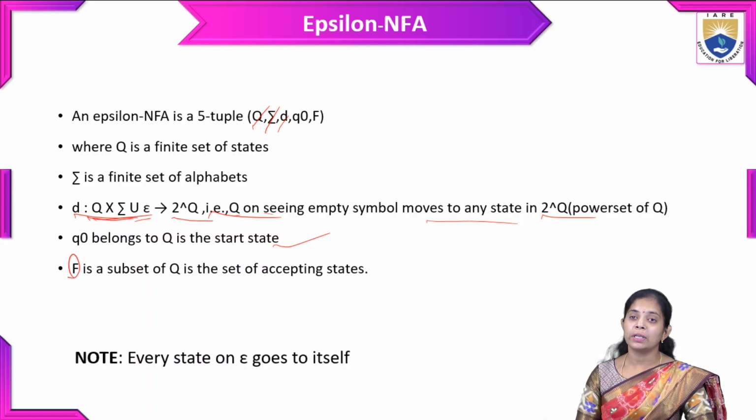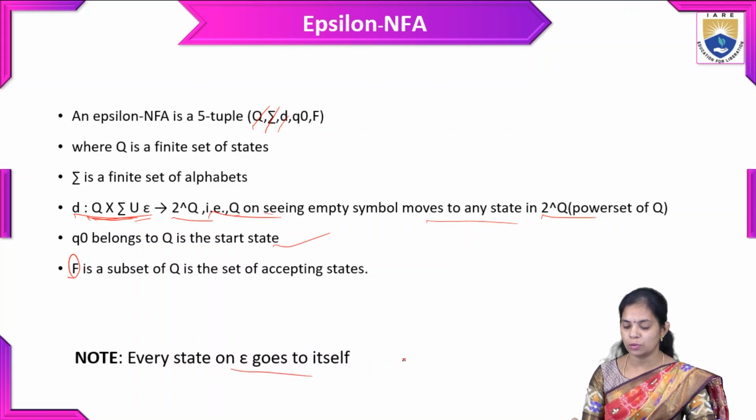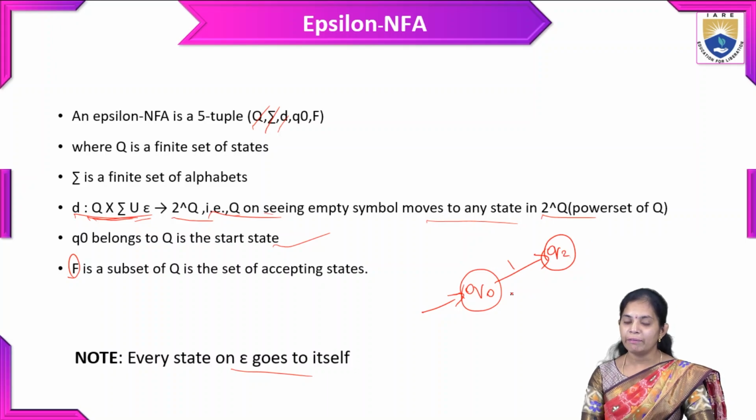Here we have one more important point: every state on epsilon goes to itself. Suppose there is one initial state, and on taking 1 as an input it goes to Q2.